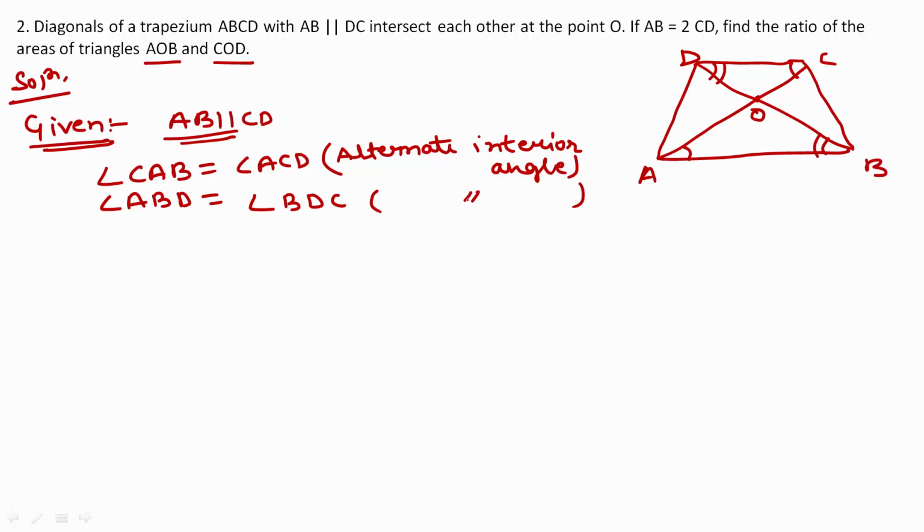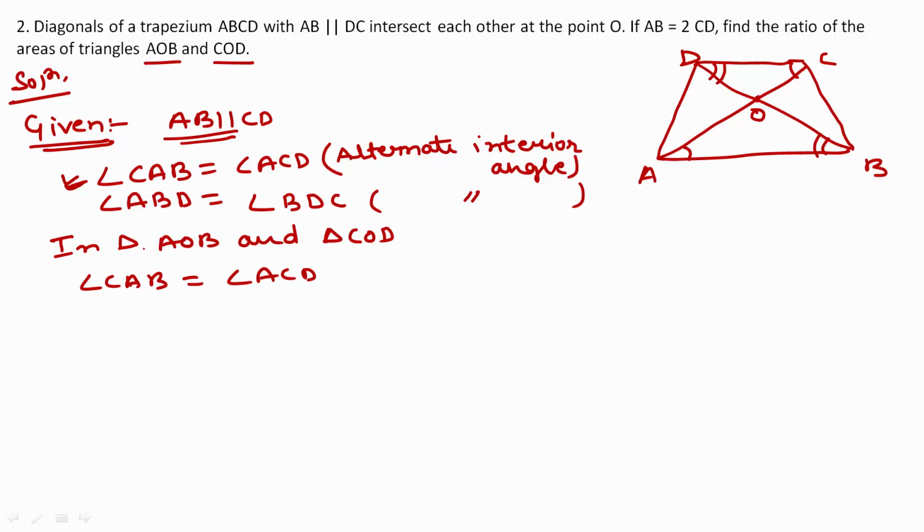Now taking both the triangles which we have to find, triangle AOB and triangle COD. Angle CAB is equal to angle ACD, which we have already found, and angle ABD is equal to angle BDC.